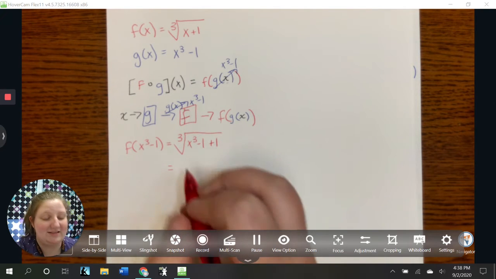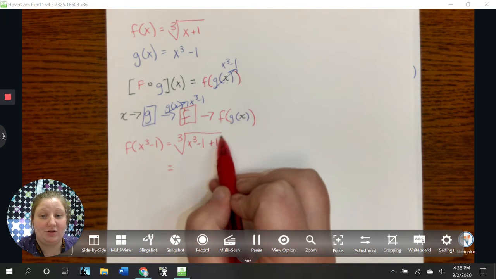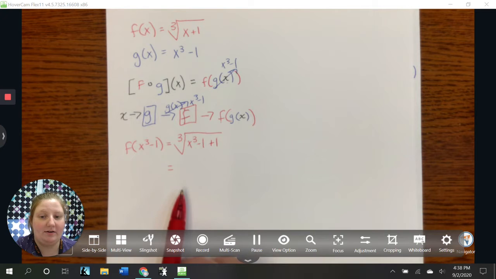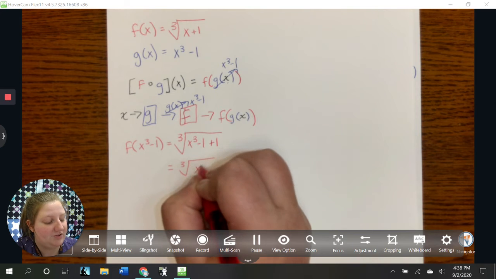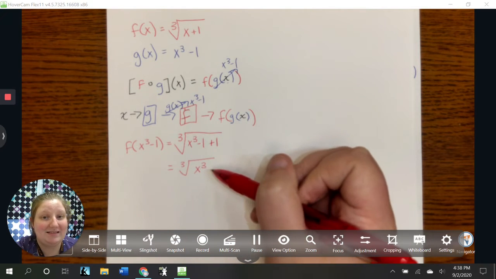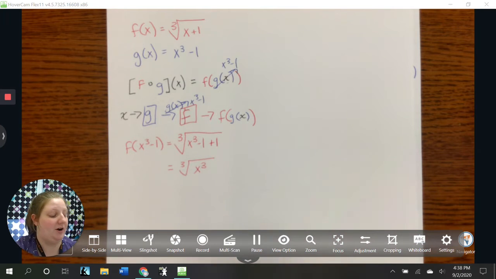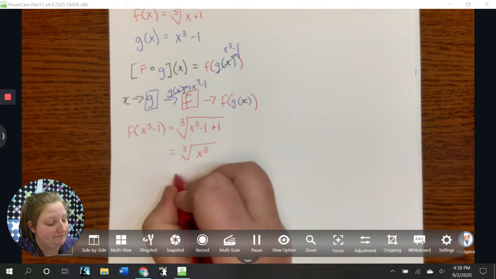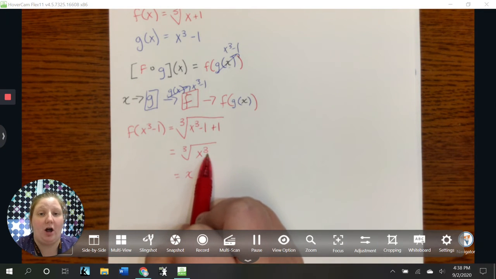Now when we simplify this, we start by simplifying what's inside of the cube root. So we have x cubed minus 1 plus 1. Well, negative 1 plus 1 is 0, so we would just have the cube root of x cubed. We could write plus 0, but writing plus 0 doesn't change anything, so we just leave that off. And then the cube root of x cubed is going to give us just x, because a cube root and a power of 3 are opposites of each other.